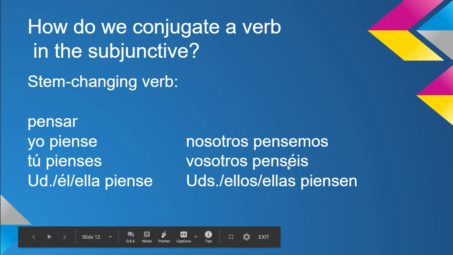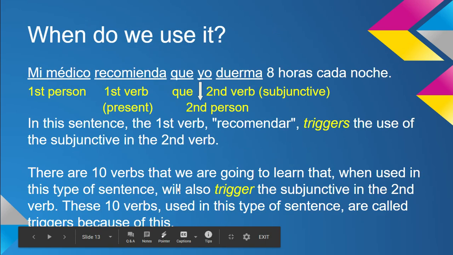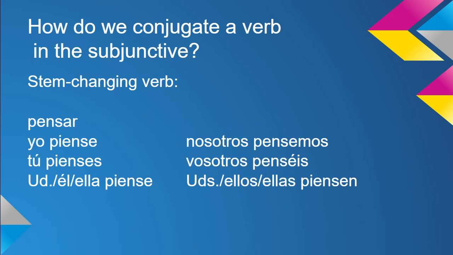Now that doesn't really work with the nosotros and vosotros forms, but just remember, you're only going to stem change in the shoe. Now, as we move on, we'll talk about the car, gar, zar, we'll talk about the yo-go, we'll talk about all those 6 irregular types of verbs, I don't know if you guys remember, when we did the commands. Those are going to be the same 6 types of irregular verbs for these, but for now, we're just going to focus on the regular verbs and the stem changers.